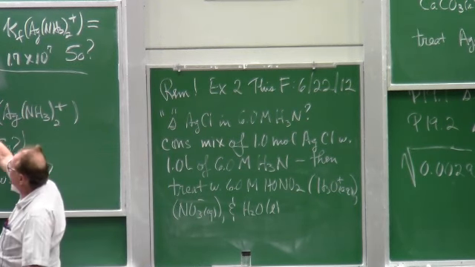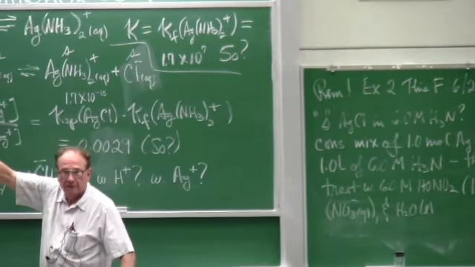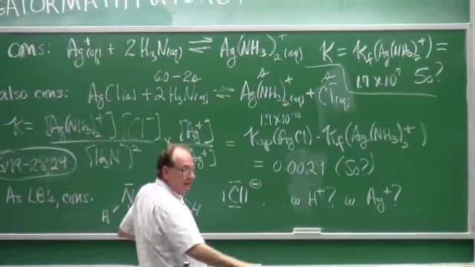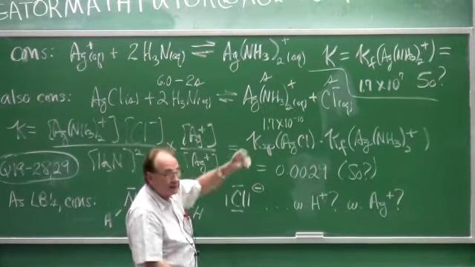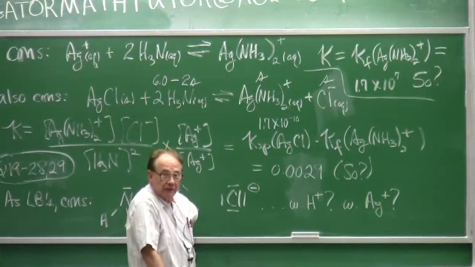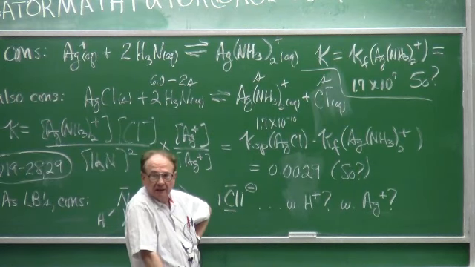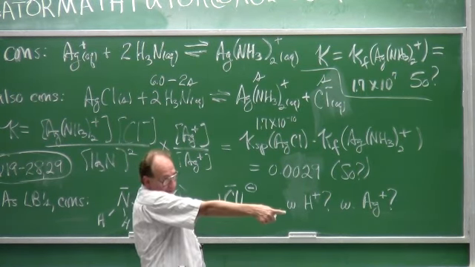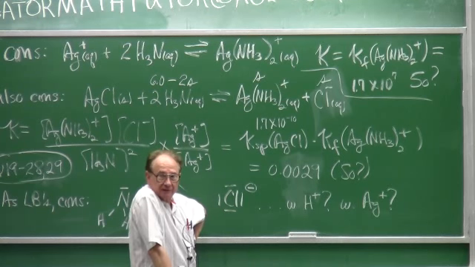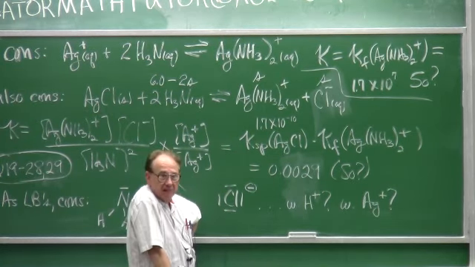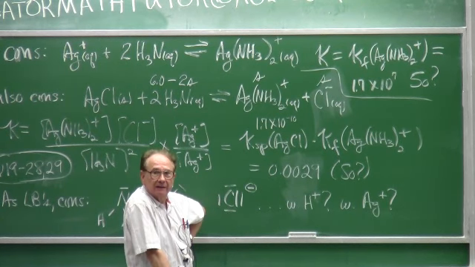Well, look at the components of this system. If I hit this system with hydronium ion and nitrate ion and water, is the water going to do anything? No. I've got a bushel basket of water in there for starters. Is nitrate ion going to do anything? How about the hydronium ion?